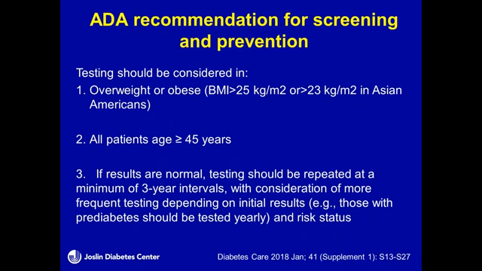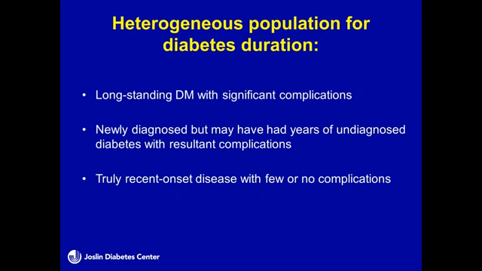The American Diabetes Association recommendations for screening and prevention are similar to the ones that were already overviewed by both Andrea and others, so I won't go over those. I want, however, to point out that the population above 65 is heterogeneous.